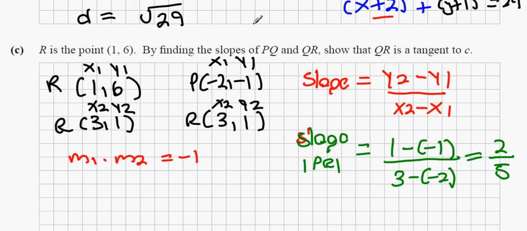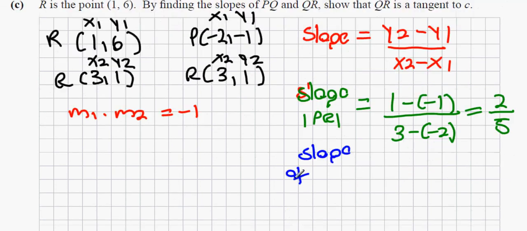The next thing we're going to do is get the slope of QR, and the slope of QR is going to be (1 minus 6) divided by (3 minus 1), and this slope is -5/2.